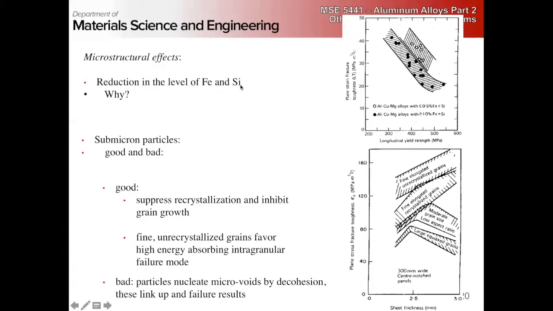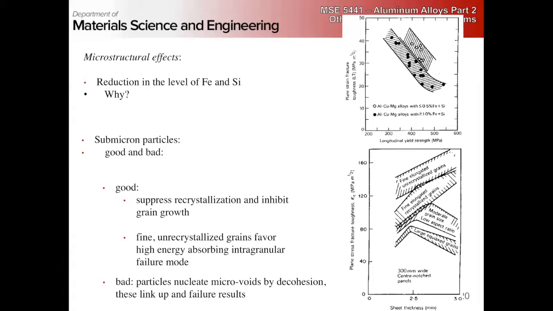large coarse intermetallics, right? Submicron particles have good and bad aspects to them, right? The good is they suppress recrystallization and inhibit grain growth, right? Fine unrecrystallized grains, as we see over here, favor a high energy absorbing intragranular failure mode, right?